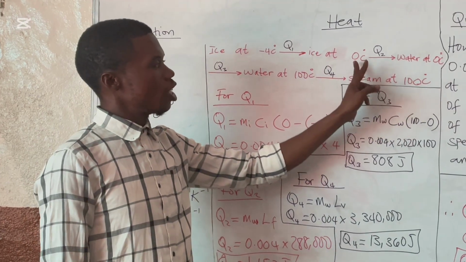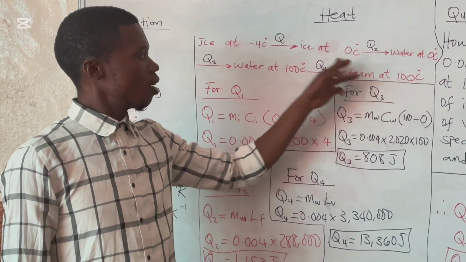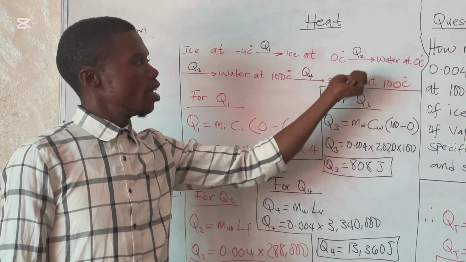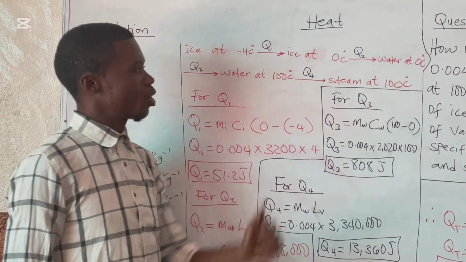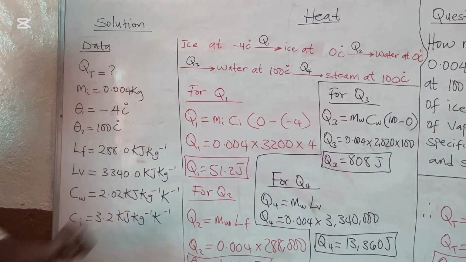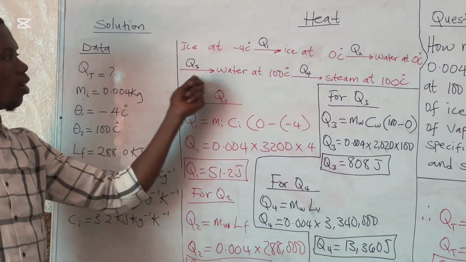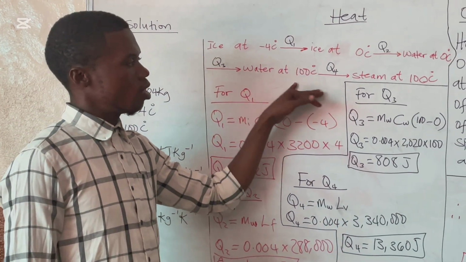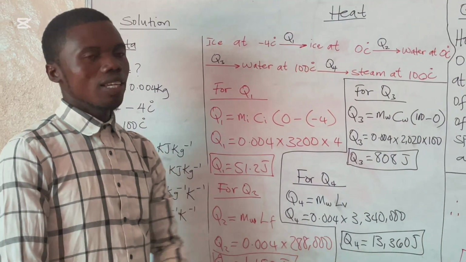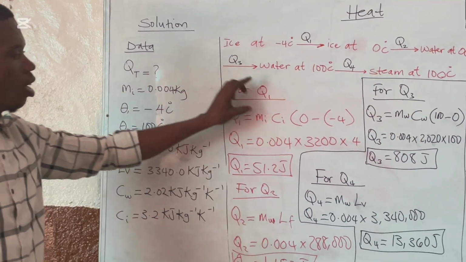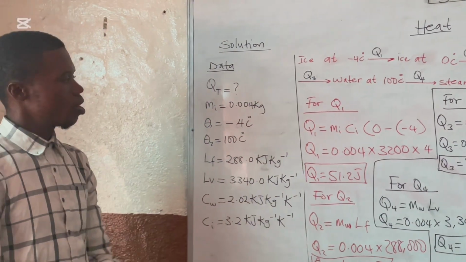Then ice at 0 degrees Celsius to water at 0 degrees Celsius, we need heat energy also, call that Q2. And then from water at 0 degrees Celsius to water at 100 degrees Celsius is Q3. Then water at 100 degrees Celsius to steam at 100 degrees Celsius is Q4. Let's look at Q1 first.